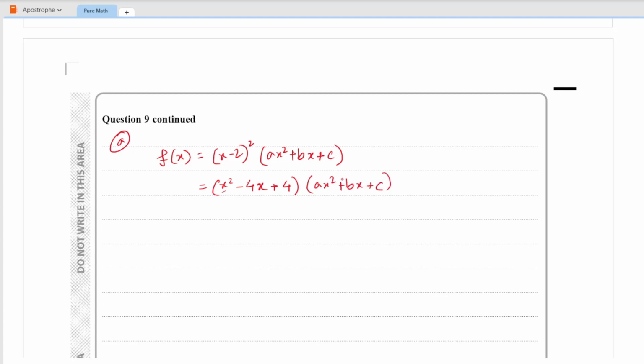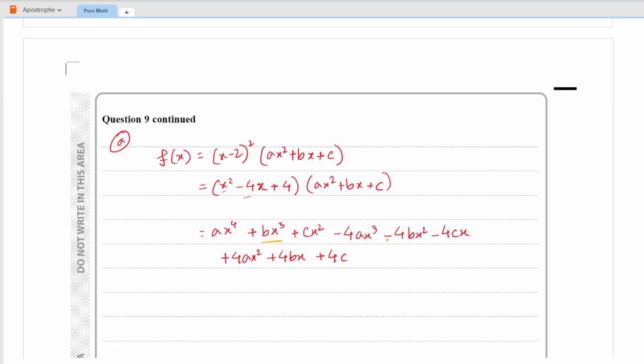We multiply everything by x squared, we get ax to the power 4, then bx cube plus cx squared. Then we multiply everything by negative 4x, so negative 4a x cube, negative 4bx squared, negative 4cx, then 4ax squared plus 4bx plus 4c.